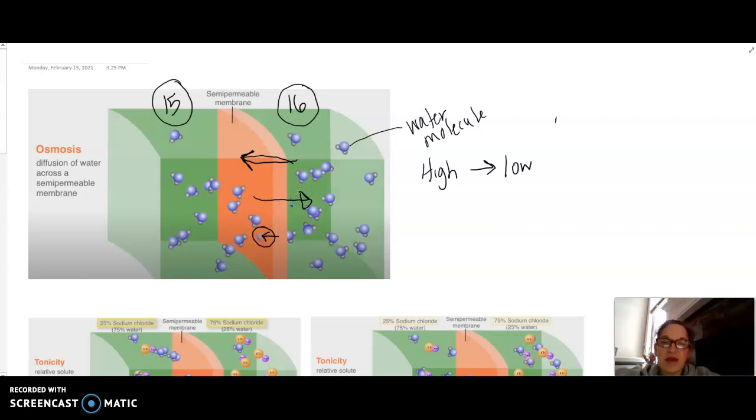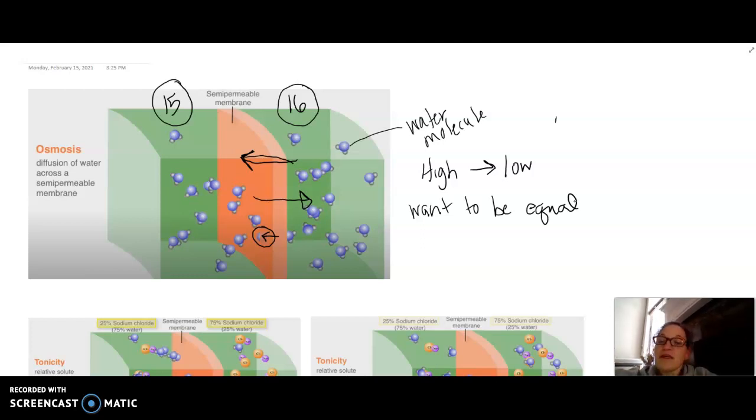And this will continue to happen because the goal is always to reach equal. They want to be equal. And so once it gets to that, they will continue to move back and forth, but they'll do so at an equal rate. And so there will always be roughly 15 or 16 on each side, and they'll be moving back and forth.